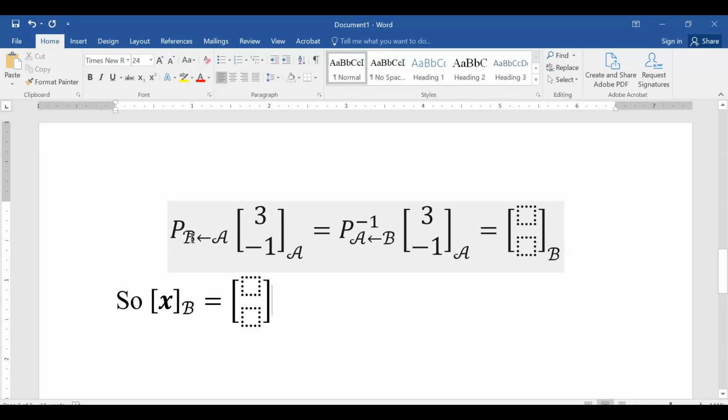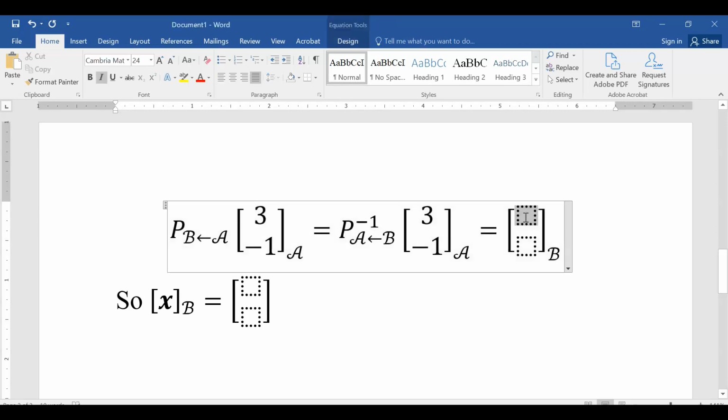What I did on my calculator is I took my matrix C and multiplied it times the vector 3, negative 1. But, excuse me, let me say that again. I want to go from A to B this time. My B to A matrix is stored in matrix C. So I took C inverse and multiplied it times 3, negative 1.